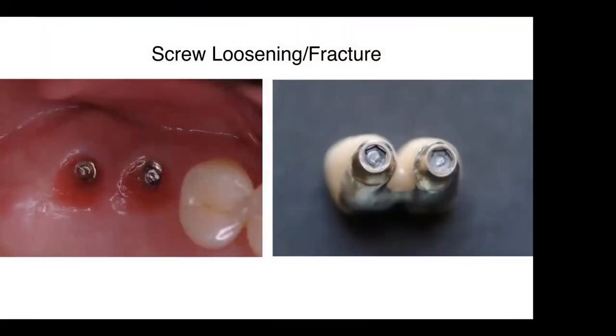Sometimes the screws get broken and remain inside the implants, but you can't get the screws out because, I don't know if you can see on the right side photo, there's some whitish material inside the connection area around the broken screw, which is basically cement.